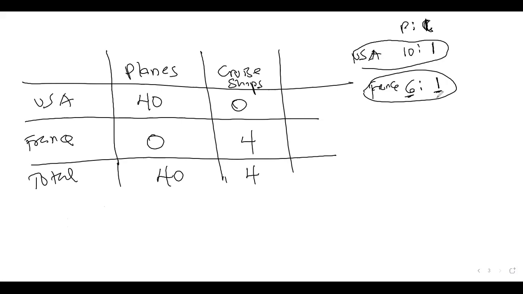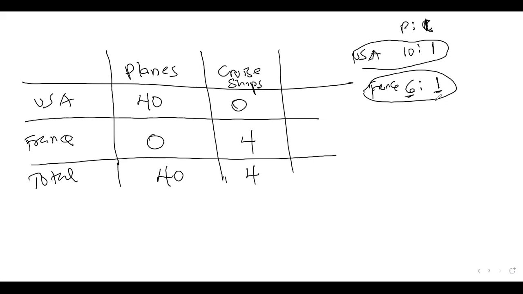This means that France will be willing to exchange 1 cruise ship when they can get more than 6 aeroplanes. Because if I'm France and I produce 1 cruise ship, I lose 6 aeroplanes. So if I'm going to give 1 cruise ship to US, I want to gain.